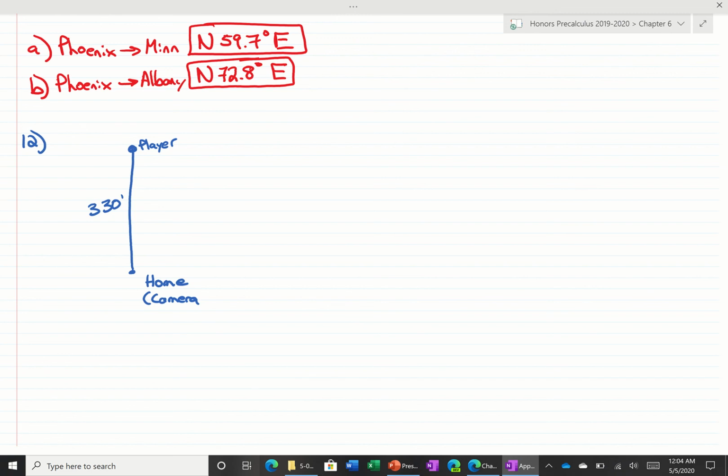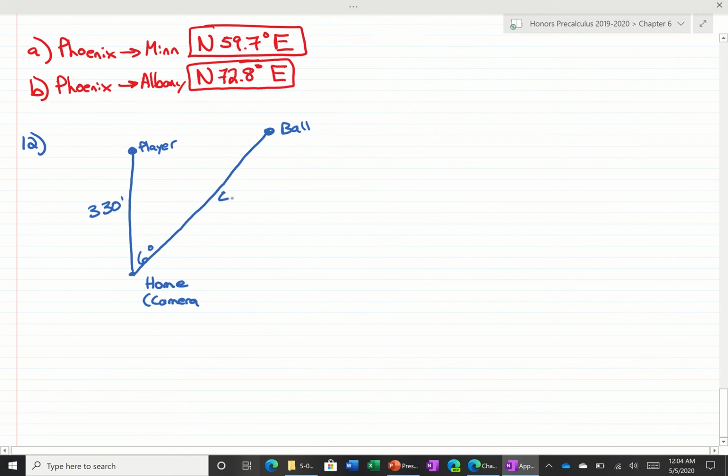Approximate the number of feet the center fielder has to run to make the catch if the camera turns 6 degrees to follow the play. So right now it's looking at the player, but it has to turn 6 degrees to watch where the ball is. And the ball goes to the wall 420 feet away from home plate. We're trying to figure out how far does the player have to run to get to the ball.